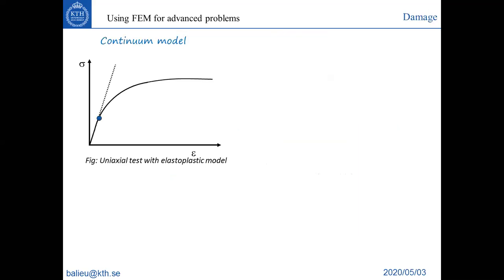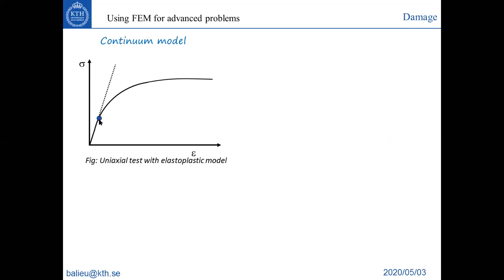So let's discuss a little bit about continuum damage mechanics. As we have seen in the previous lecture, this is a characteristic curve of an elastoplastic material. The characteristic curve is stress as a function of strain. There is an elastic part. It can be viscoelastic, but to simplify, it is like elastic.